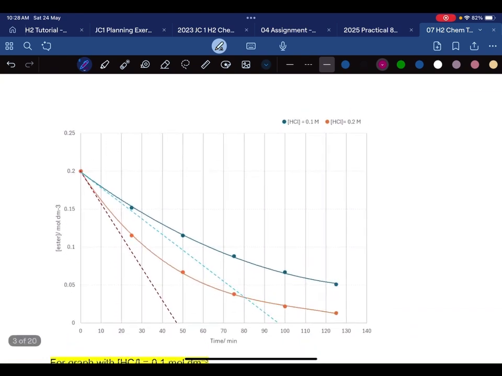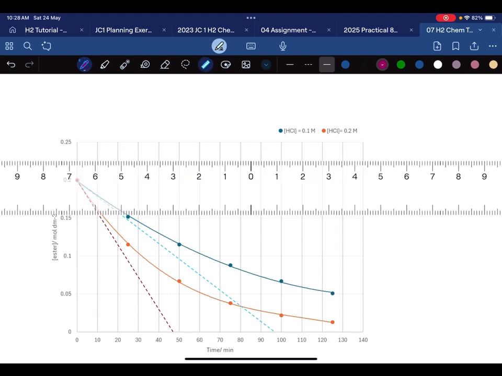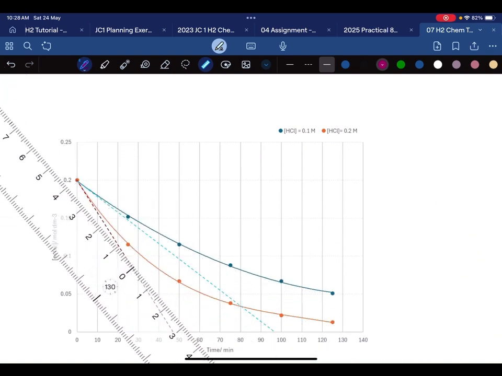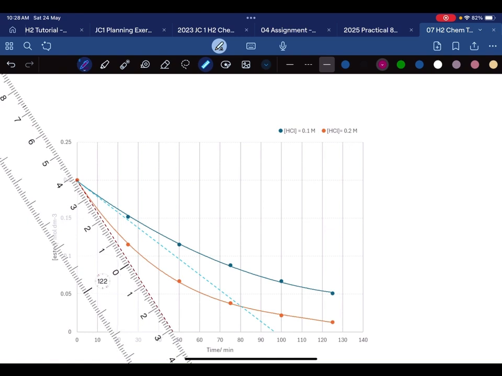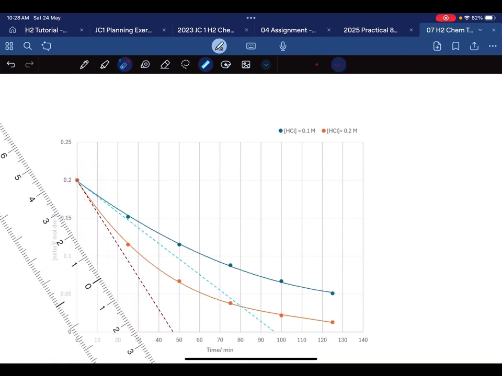So this is the graph. The dotted line shows the tangent to the graph at t equals 0. Do take note of how you draw the tangent. It has to be drawn properly. Take a look at the part of the graph where t equals 0, and try to see this part of the graph as a short little straight line.